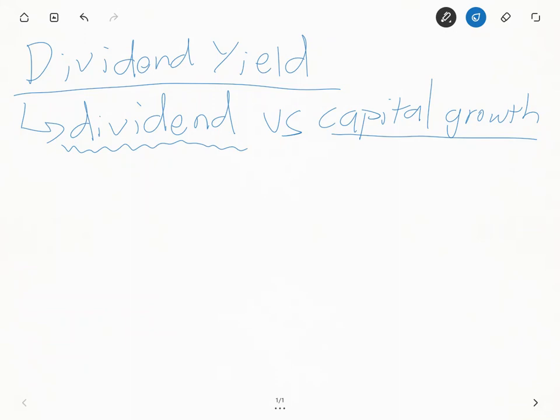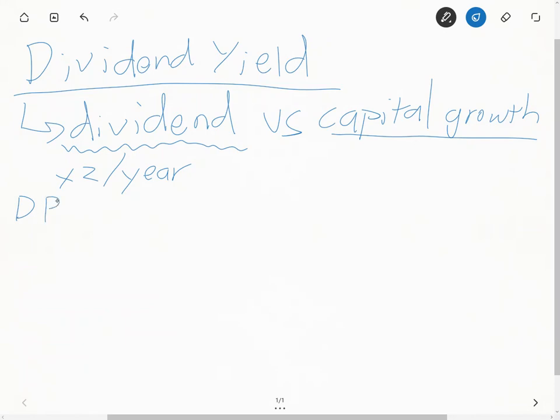So typically, and it varies around the world, but in Australia, companies will usually pay dividends twice a year. So twice a year, they will pay dividends, and anyone who owns shares in the company, they will get that money. Now, this is known as the DPS, which is the dividend per share.